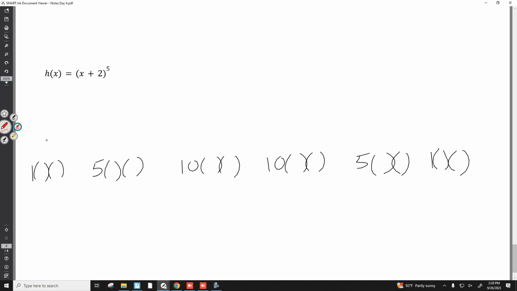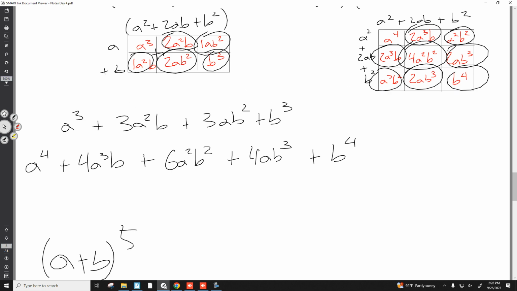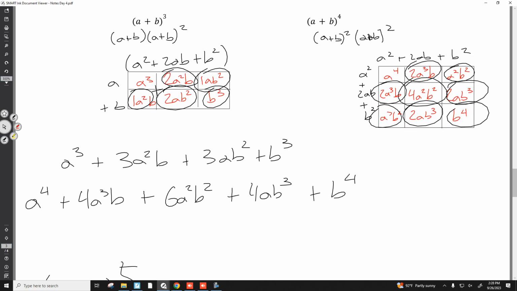Well, think about what happens when you take something to the fifth power. And we kind of did it. It's like, where did these numbers come from? Like we saw, when you took something to the fourth power, we had fourth powers, cubed, first, second, 1, 3, 4.